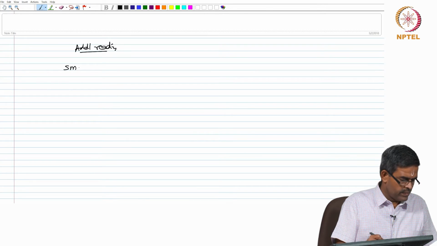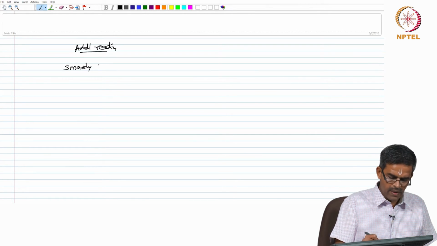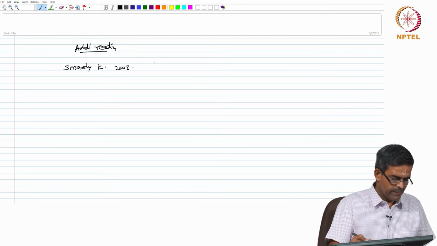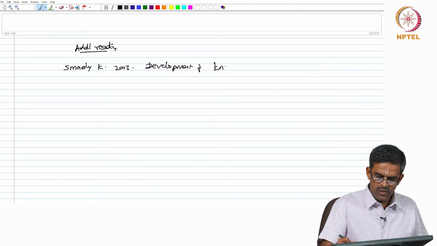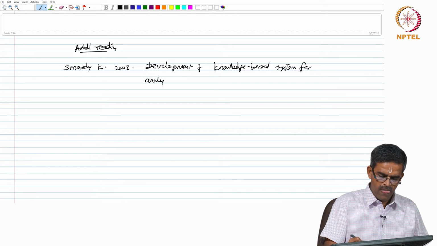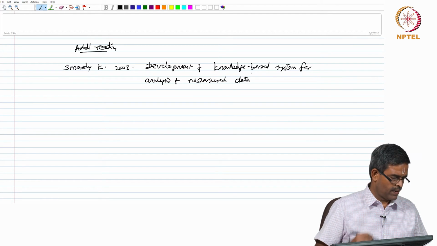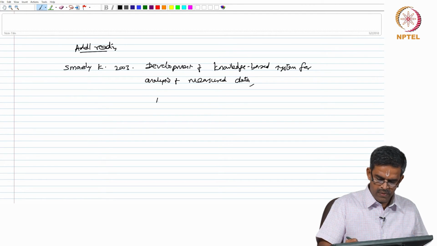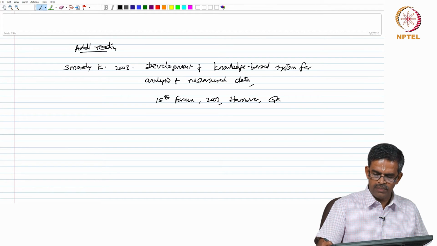You can read Smarsley K, 2003, Development of Knowledge Based System for Analysis of Measured Data, Fifteenth Forum 2003, Hanover, Germany.